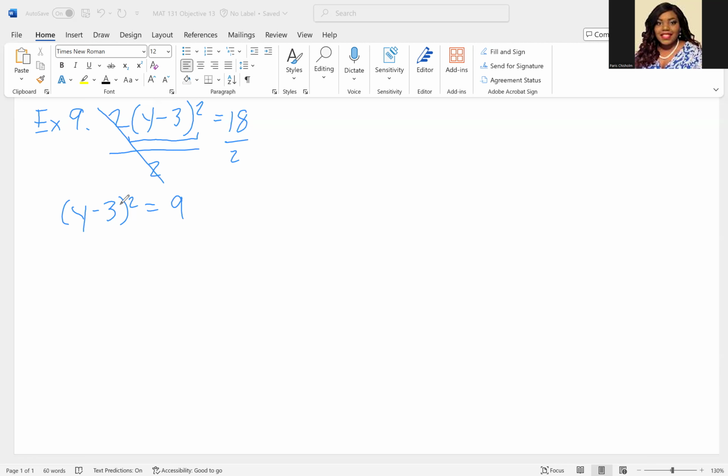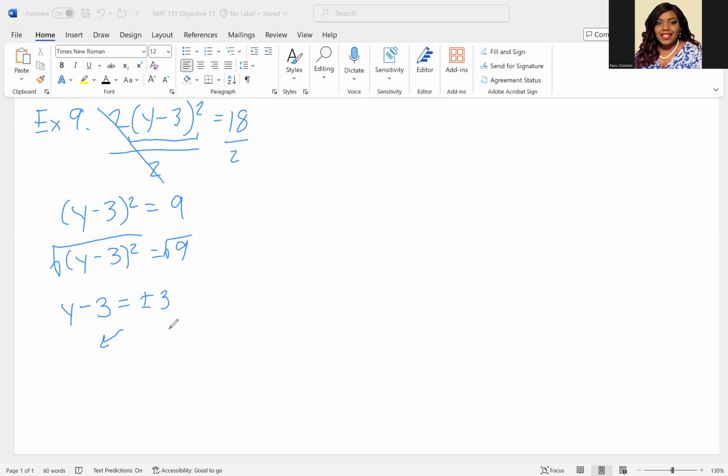At this point, we have something squared equals a perfect square. That lets us know that now is the perfect time to take the square root of both sides, okay? When we take the square root of something squared, that something is now going to come out. So we have y − 3 equals, and the square root of 9 is plus and minus 3.